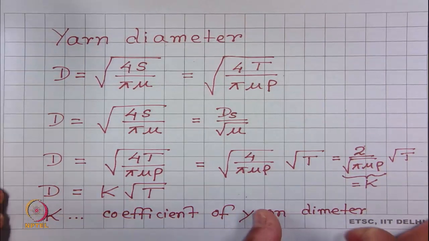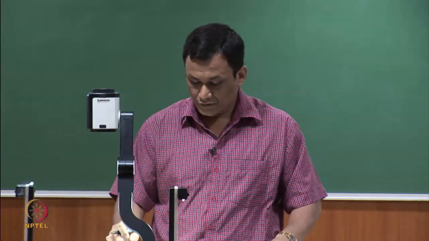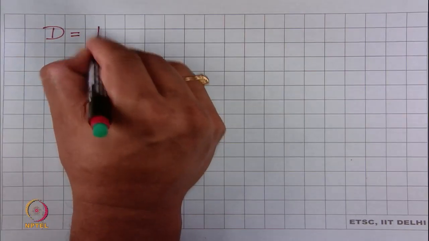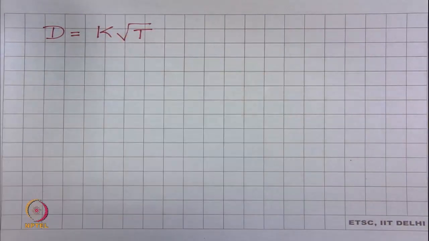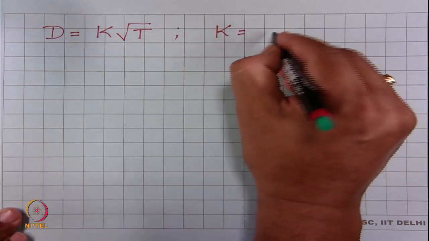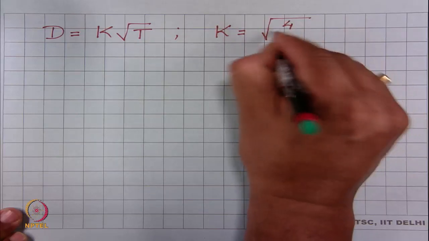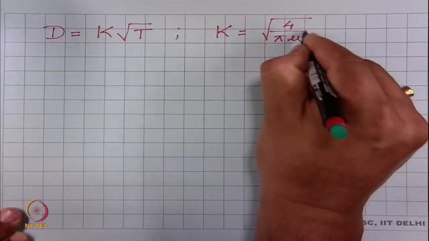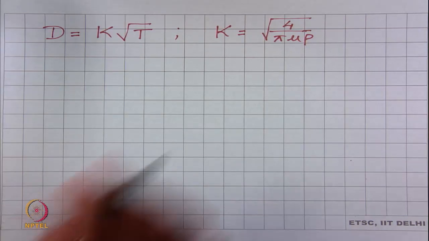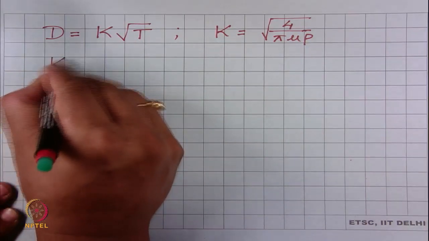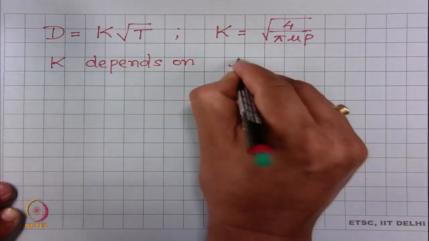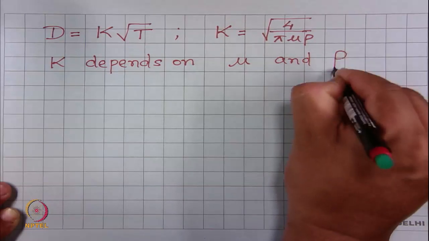Now, let us point out one interesting fact. What we learned, D is equal to K into root T. What is K? K is coefficient of yarn diameter, which is equal to root over 4 by pi mu rho. K depends on mu and rho.